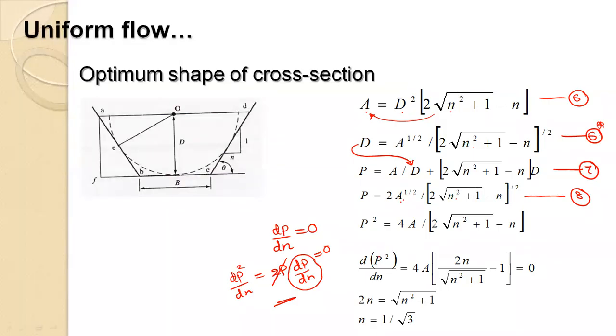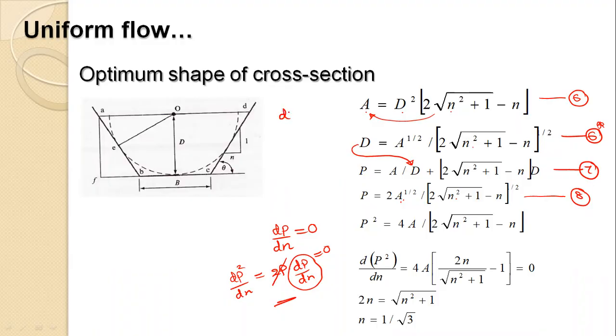So I differentiated the square of the wetted perimeter with respect to the side slope. If you differentiate this, you get 4 into A within brackets 2n divided by square root of n squared plus 1, minus 1, and that should be equal to 0 in order to have the minimum wetted perimeter with respect to the side slope.